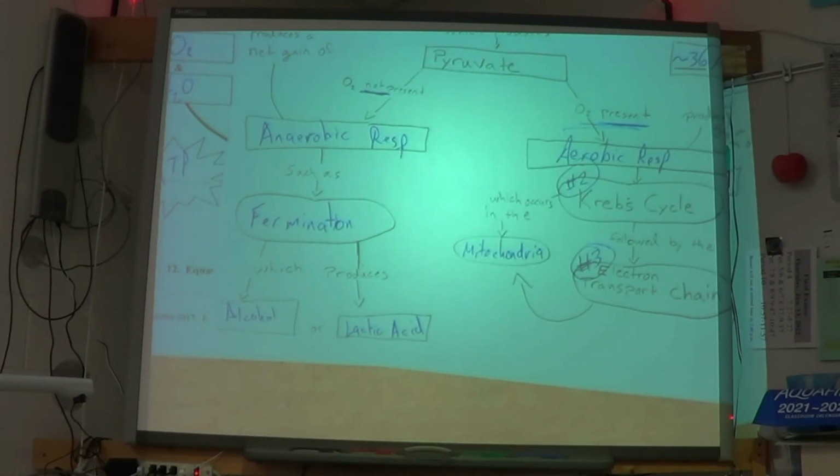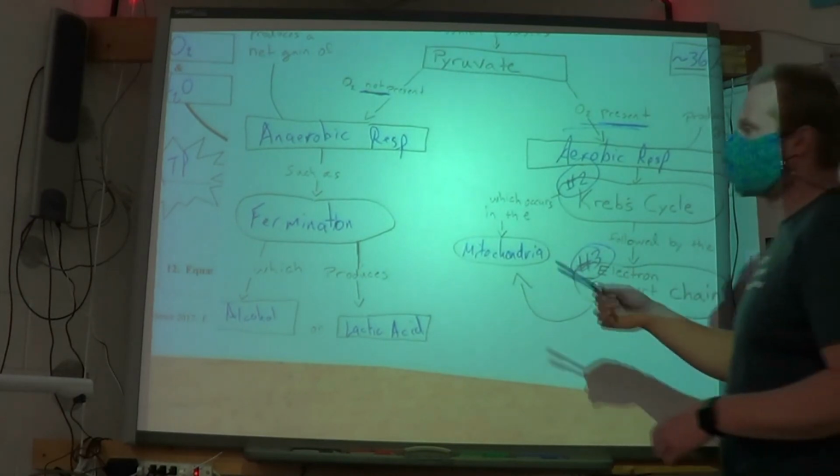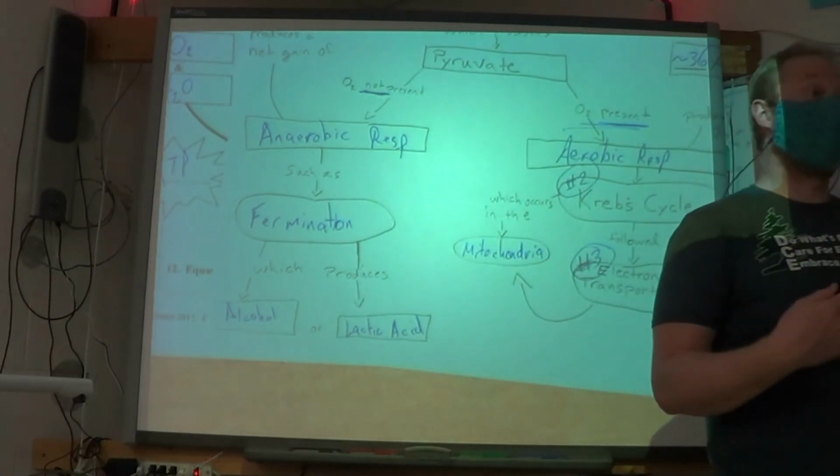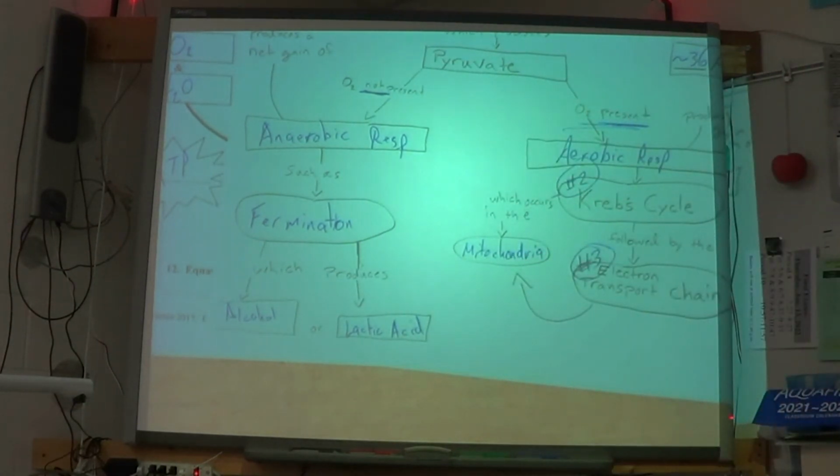So depending upon what type of process you're doing, depends upon what your desired outcome is. So if we were using yeast for fermentation, depends on what we're doing. If we're baking bread, the desired product of alcoholic fermentation is not the alcohol, it's the carbon dioxide bubbles that are produced to cause our bread to rise.